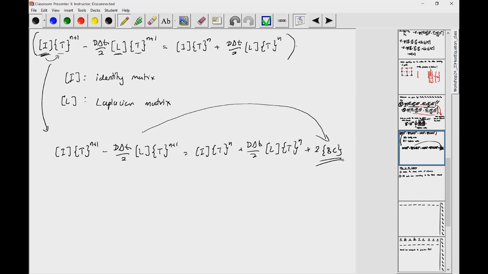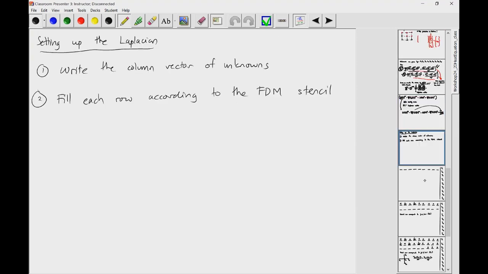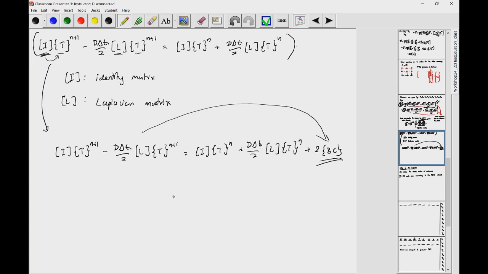So how is this easier and less tedious than the previous step? You need to try to set it up to see the benefit of it. First of all, when you write it in this form over here, you can see that the only thing that you actually need to set up is the Laplacian matrix.